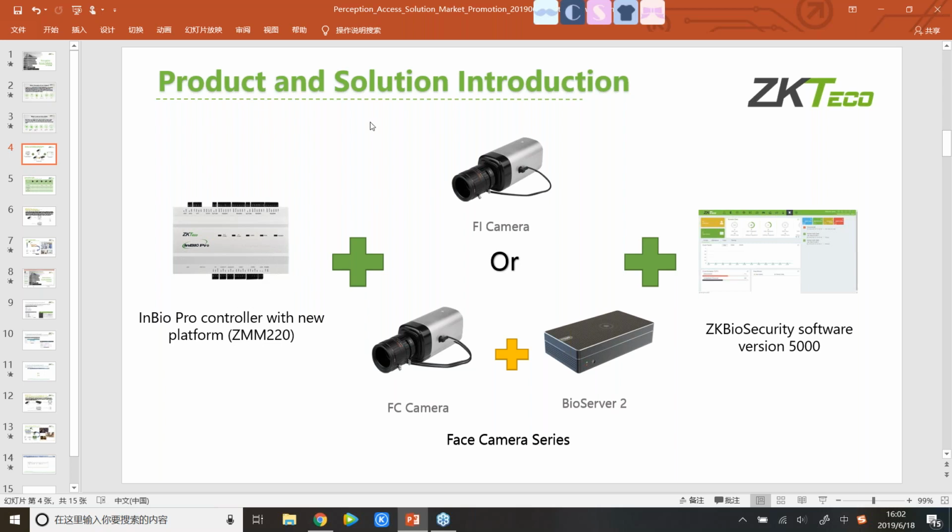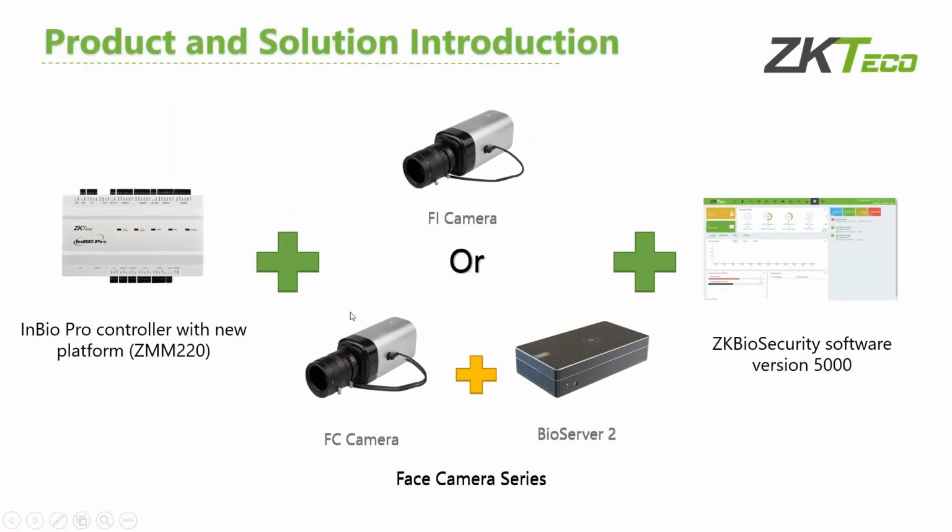As shown in this slide, to build the perception access control solution, we only need to prepare the inBioPro controller with FI camera and software, or the inBioPro controller with FC camera and BioServer and software.